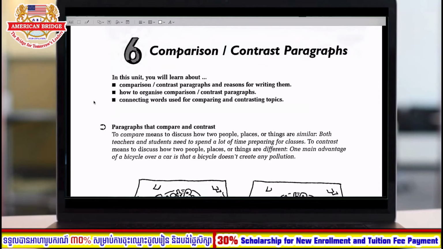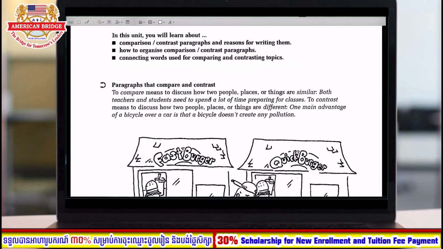Last but not least, there will be some linking words or transition words you can use for comparing and contrasting the topics. So without any further ado, let's look at the general information about what a comparison and what a contrast paragraph is.